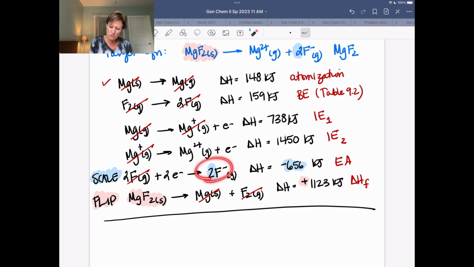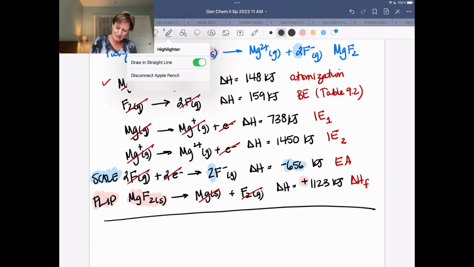That's going to be in my target equation. I've got 2 fluorides that I want to stay. They're in my target equation. And then I've got MgF2 solid. That's in my target equation. The last thing I want to look at is, yep, I've got 2 electrons on my right, 2 electrons on my left, so those are going to cancel out.